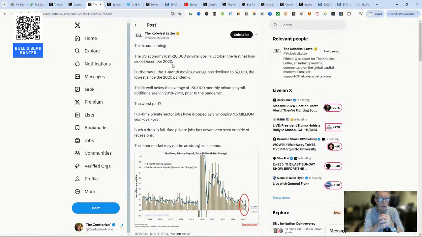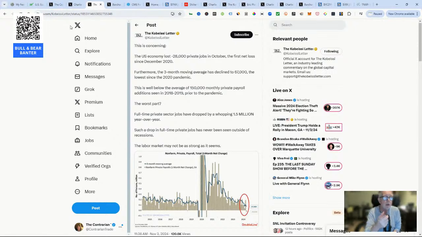Furthermore, the 3-month moving average declined to 67,000, the lowest since the 2020 pandemic. This is well below the average of 150,000 monthly private payroll additions seen in 2018 to 2019 prior to the pandemic. The worst part, full-time private sector jobs have dropped by a whopping 1.5 million year over year. Such a drop in full-time private jobs has never been seen outside of recessions. The labor market may not be as strong as it seems. No joke. We've been saying that for months now.